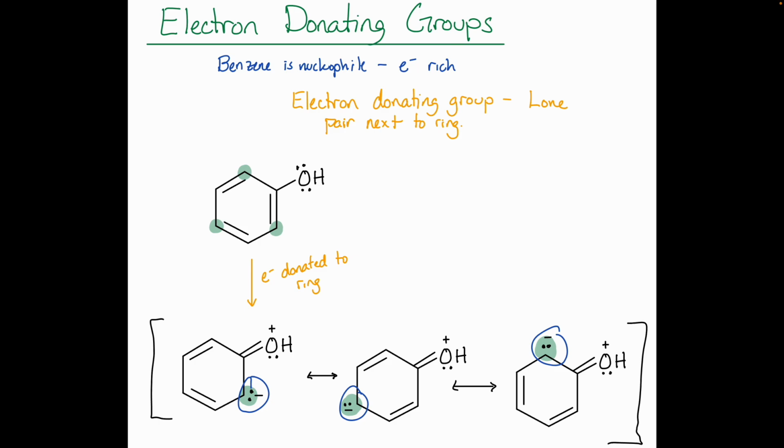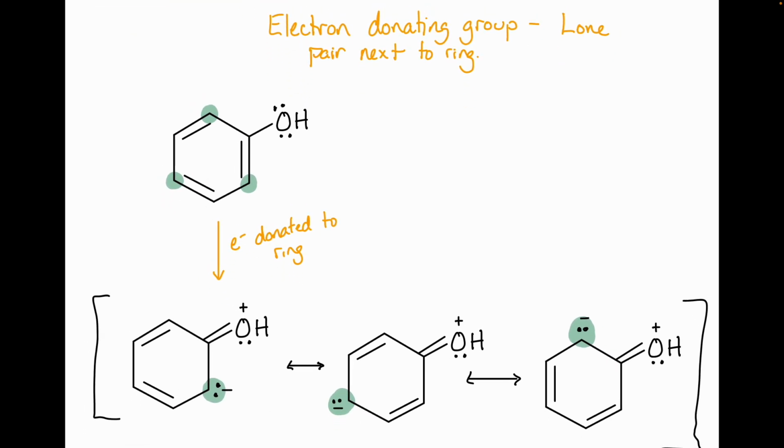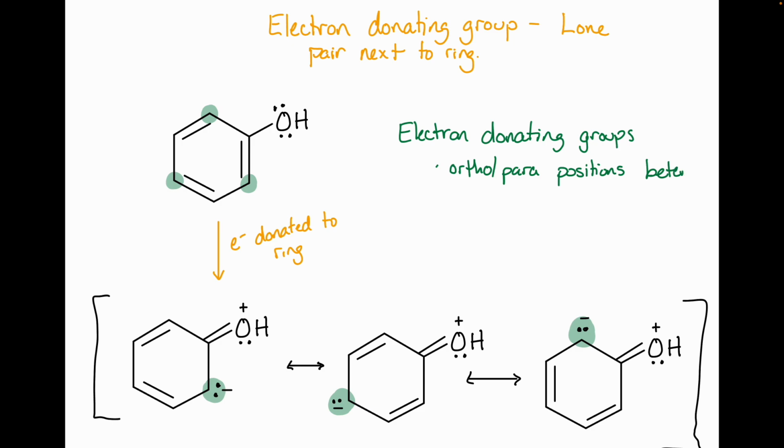They're even better at being nucleophiles because they have that pair of electrons donated to them. All of that is to illustrate that electron donating groups make the ortho and para positions better nucleophiles.